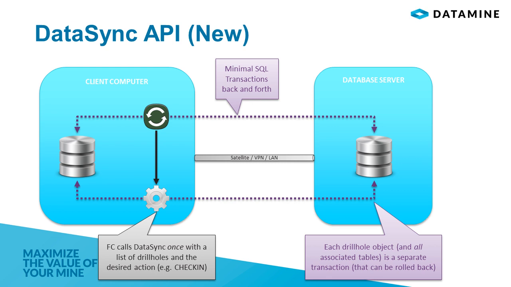So in case there were any hiccups or somebody killed Fusion Client as it was transferring this, we can roll back an entire drill hole instead of just rolling back a table at a time. We've been able to package as many of these transactions between the databases into one single package, which minimizes the amount of traffic and the number of database calls going back and forth.